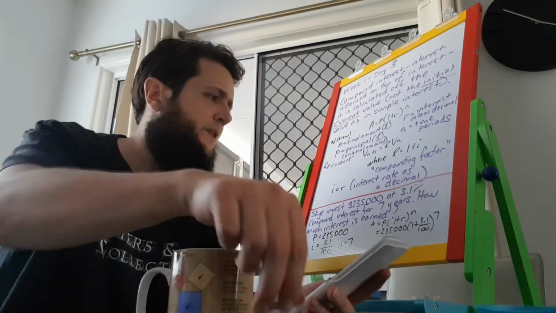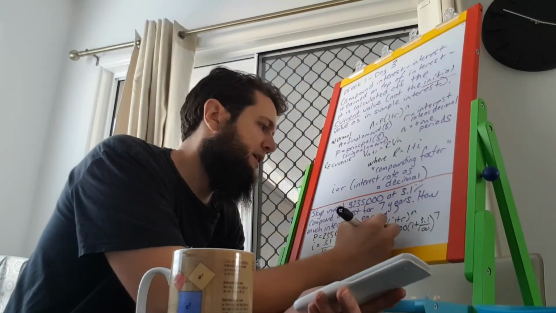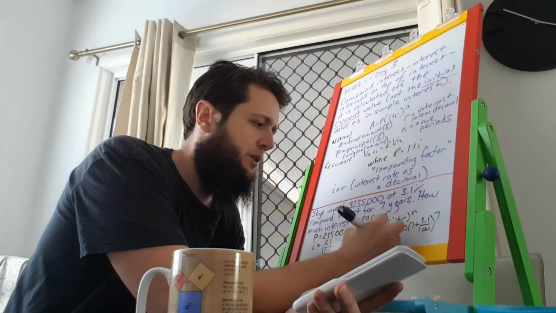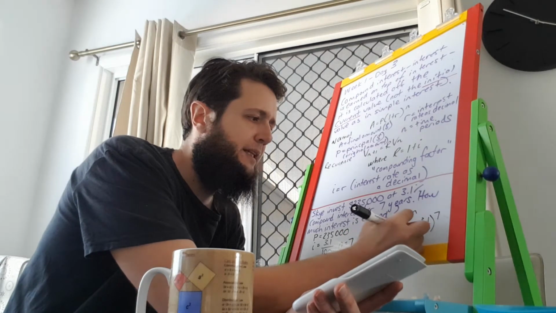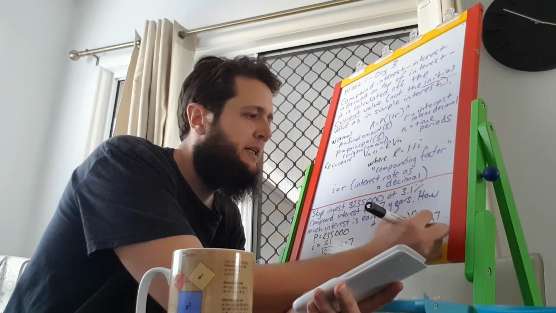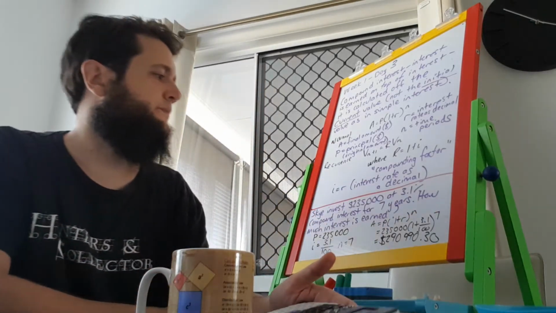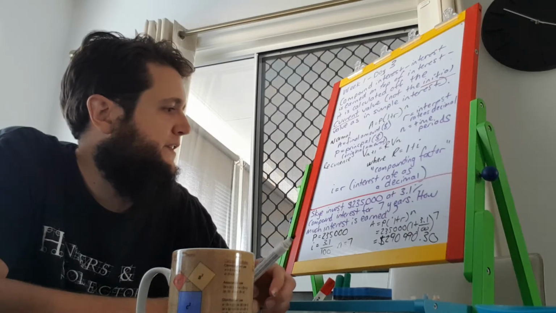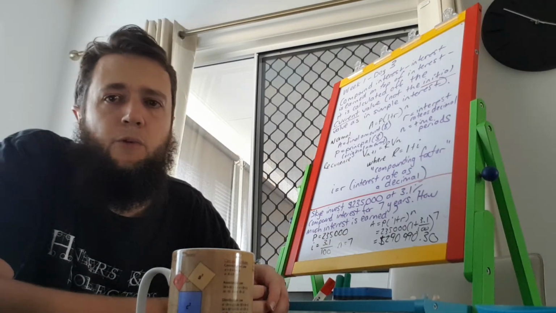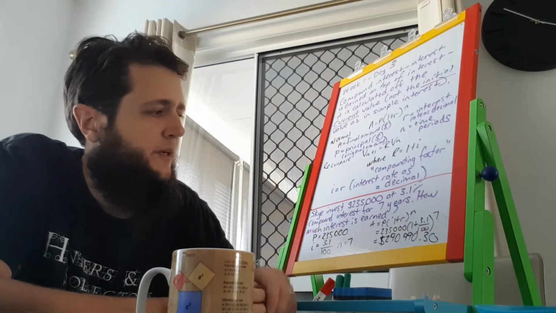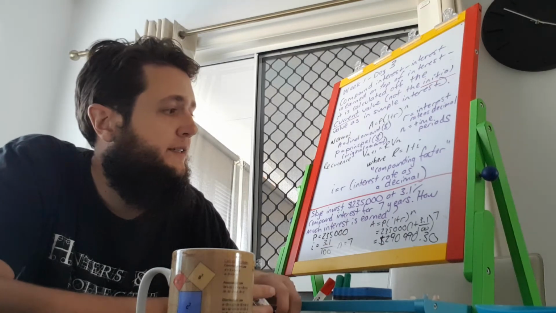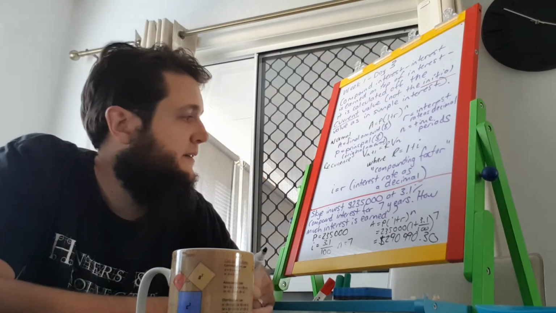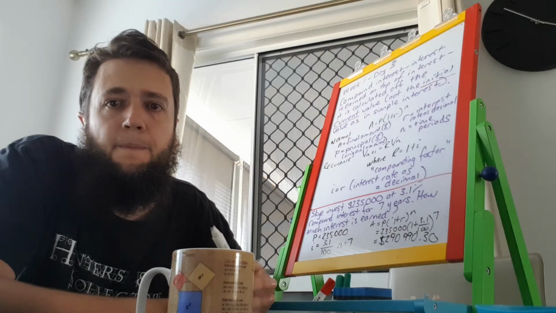And anyway, so that gives me a final amount of $290,990 and 30 cents. So that investment, after it's been at 3.1% for 7 years, that's what it's going to be worth. So she will have that amount of money, $290,990.30 at the end of 7 years.